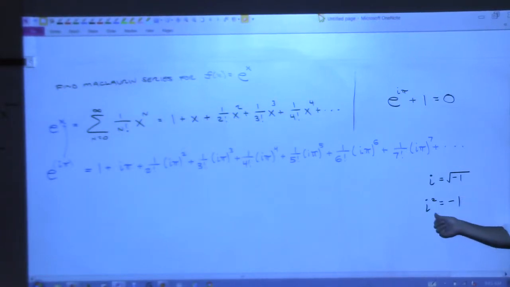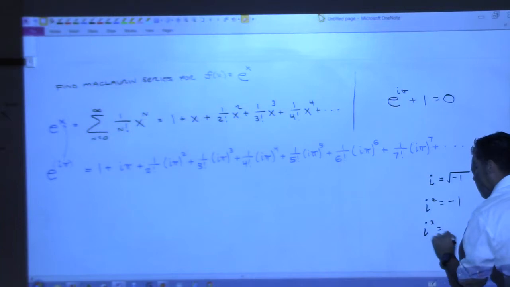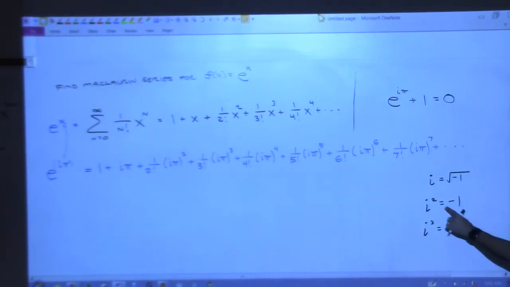This is the craziness of i. It's a number that when you square it, you get a negative. Yes? Okay, what would i cubed be? Wouldn't it just be i squared times i? So wouldn't that be just -i? You all follow? So that times i would be -i.